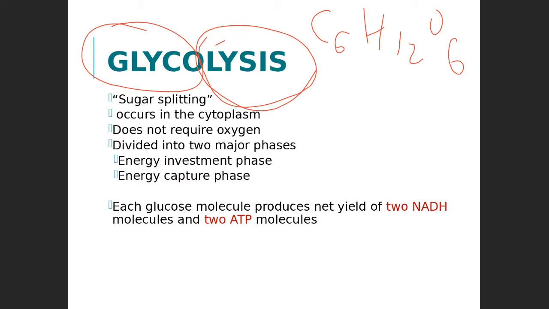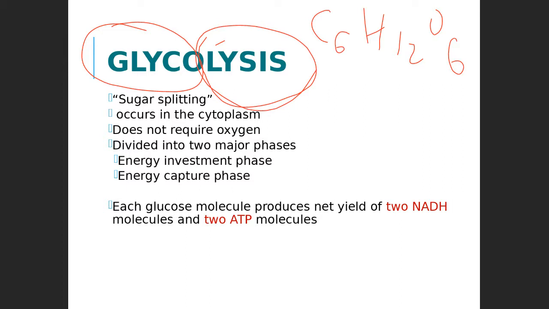In other words, it will consume some ATP to happen, but it will produce more ATP. It consumes 2 ATPs, but produces 4 ATP. So in the end, I will talk about the net production of ATP, which is 2. 4 minus 2 is 2.